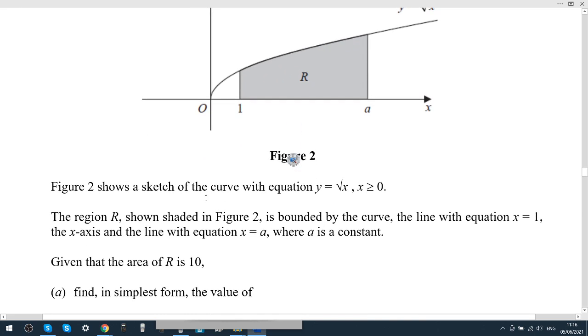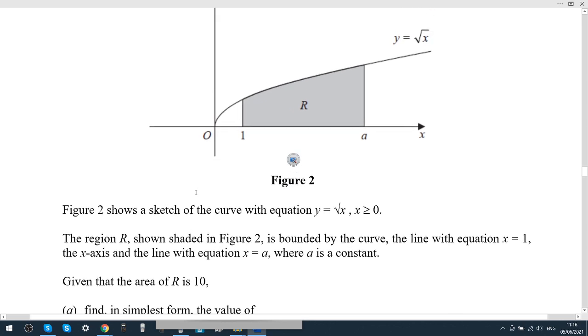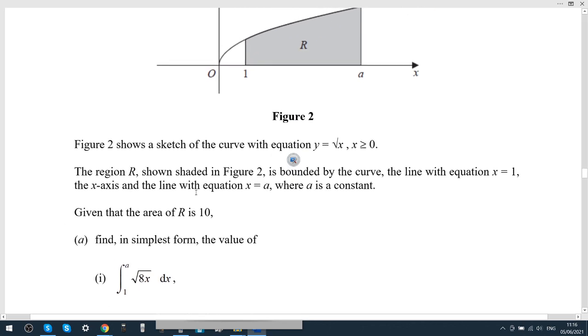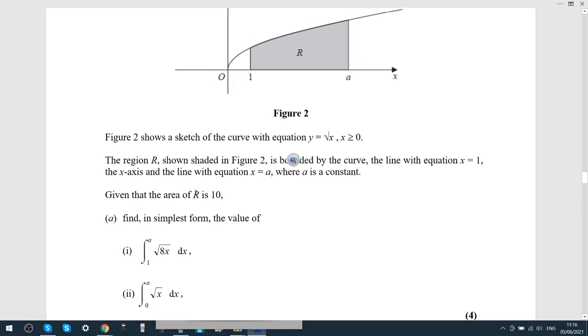Alright, how about this one? What is that?